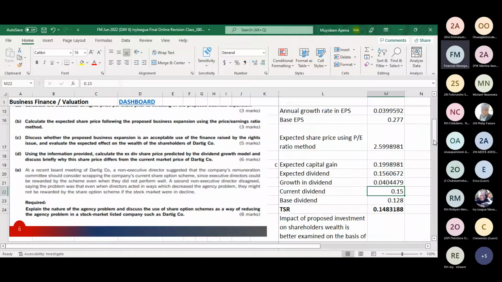How am I supposed to know that I have to think and compute some of these ratios, the expected capital gain as well as the expected dividend, to determine the total shareholders' return? That this is what I need to be able to answer this question. I like that. Okay.